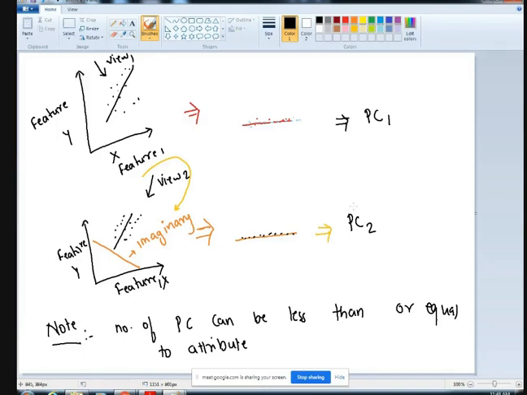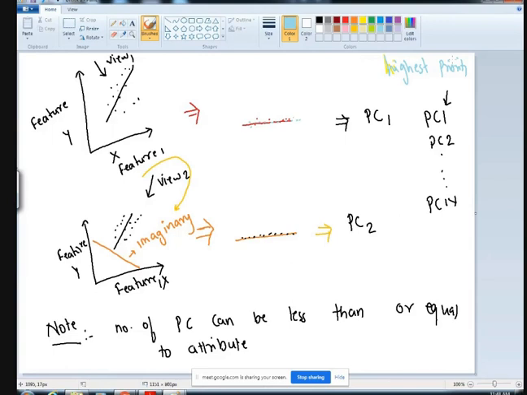Now the question arises: to which principal component should one give priority? The first one, PC1, is always given the highest priority, and accordingly the priorities go on reducing.